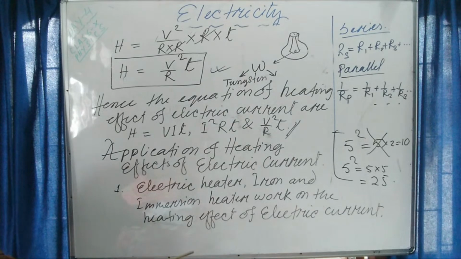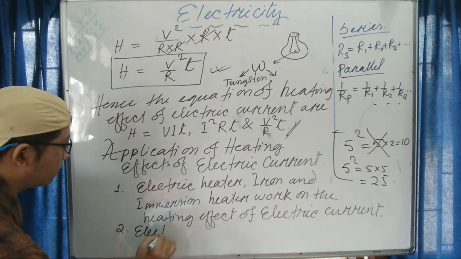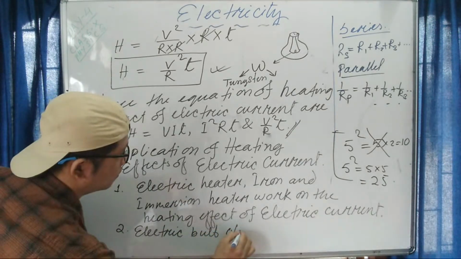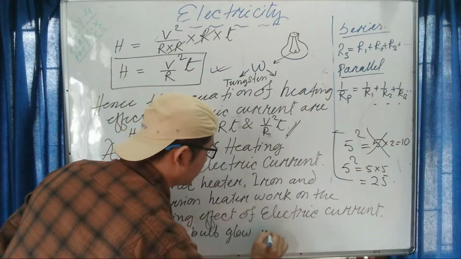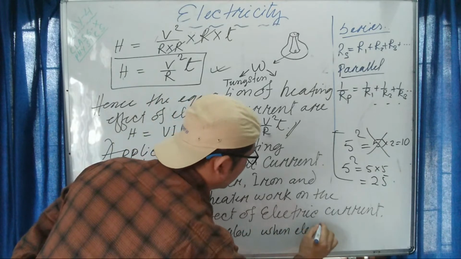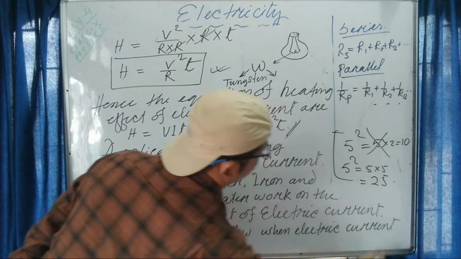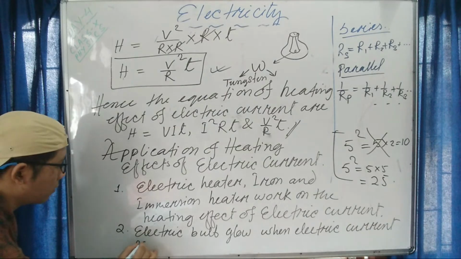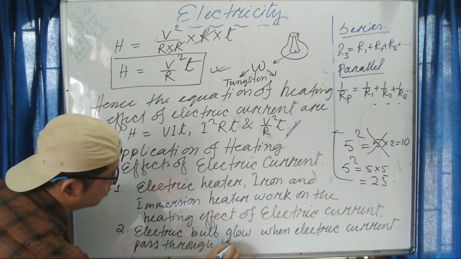So in the second point here, we can write down: number 2, electric bulb glows when electric current passes through the coil of the wire, the filaments.